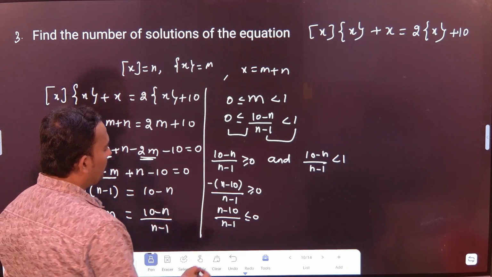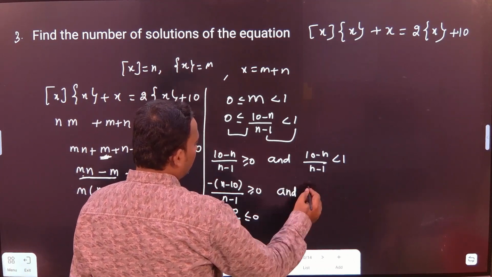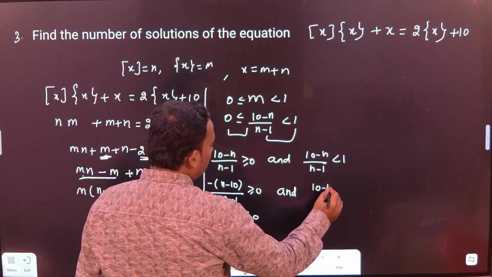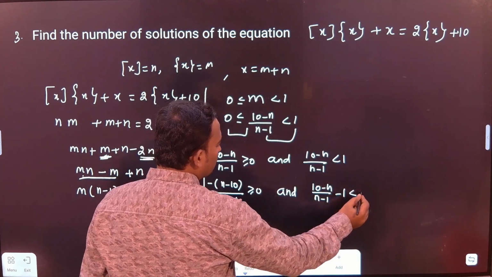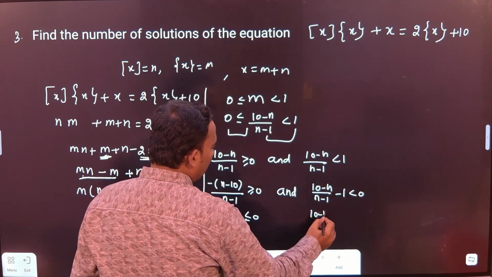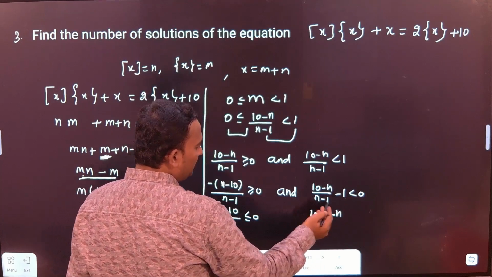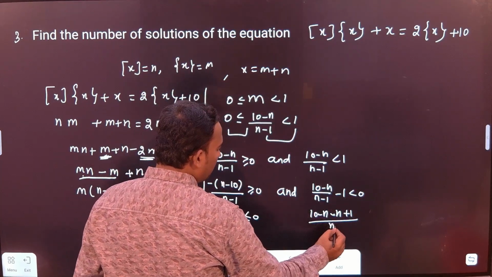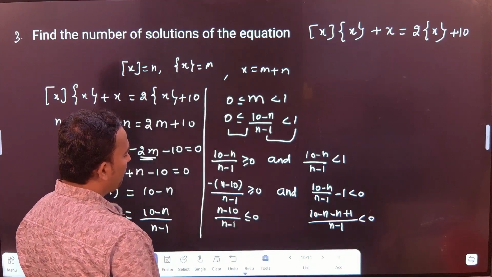Fine. So now you can see here. So 10 minus n divided by n minus 1, minus 1 you send to the left side, less than 0. You take the LCM, 10 minus n minus n plus 1 divided by n minus 1 is less than 0. Strictly less than 0, right?